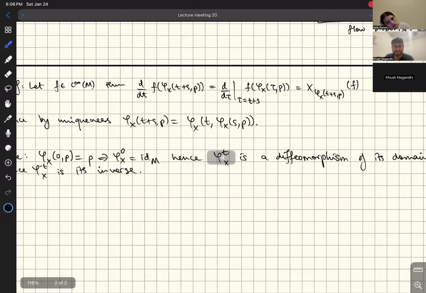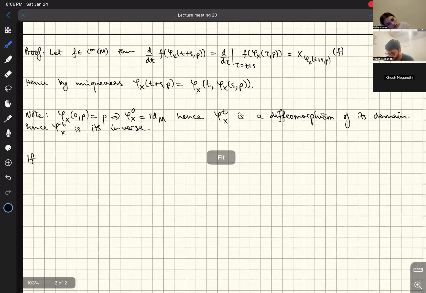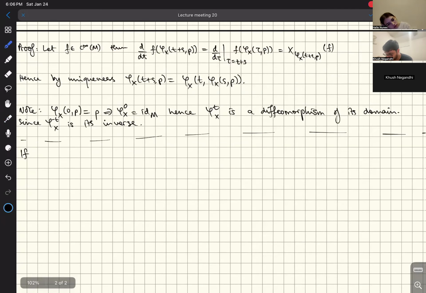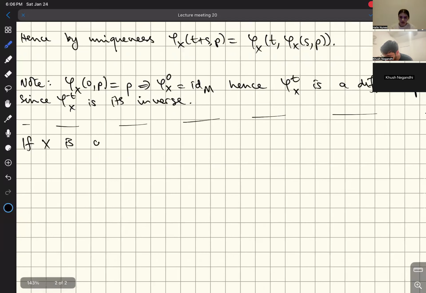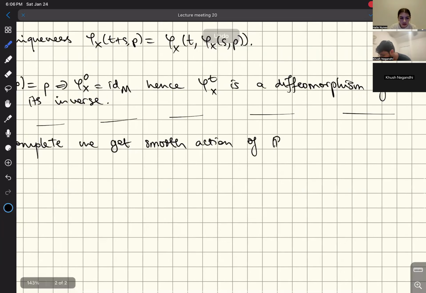What this means now is that if X is complete, we get a smooth action of R on M.